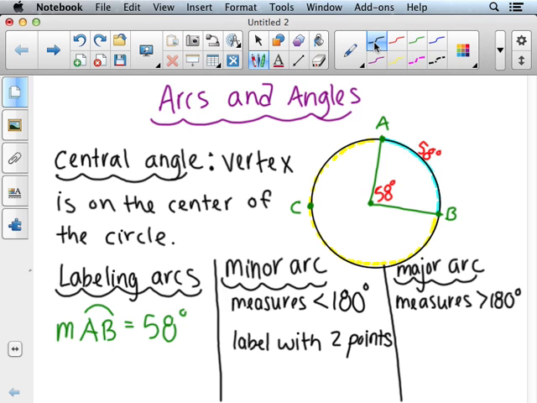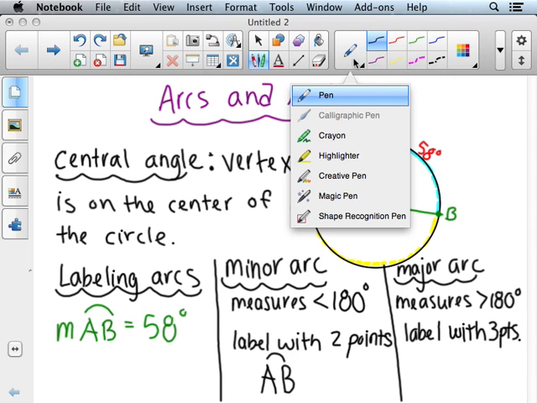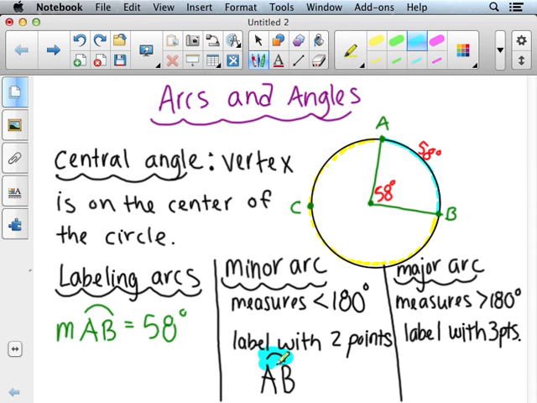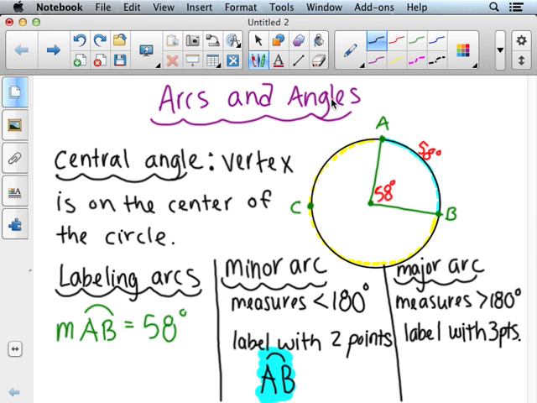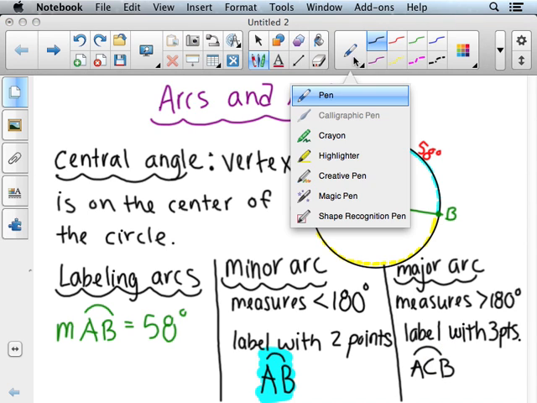Let's call this point C. So I'll say major arc measures more than 180 degrees, label with 3 points, okay? And my example is from minor arc, we have arc AB with a little arc over top, and that was this one that we had highlighted in green, or blue, whatever color you think that is. And then we have arc ACB, and that we have done in yellow.